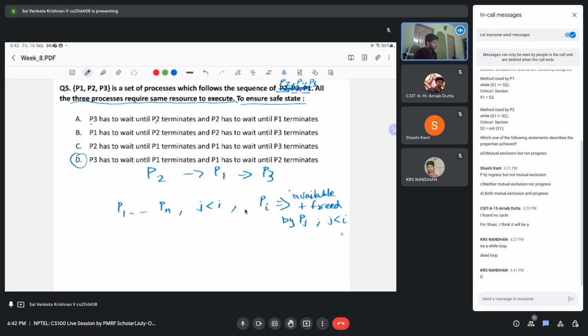If we can allocate and execute Pi using only these resources, then it's in a safe state.